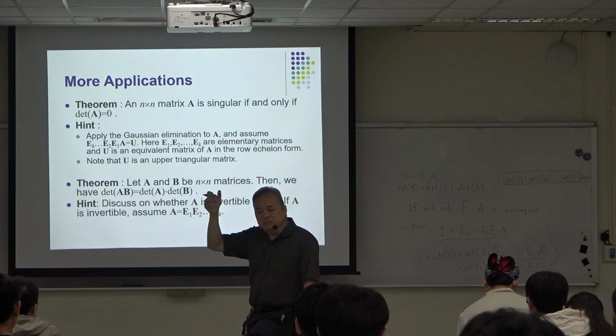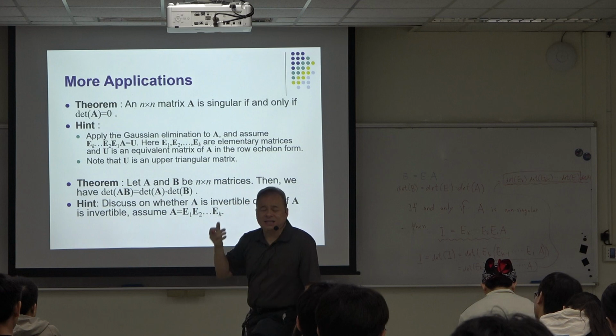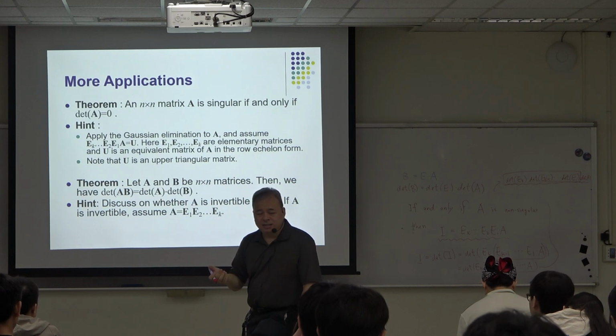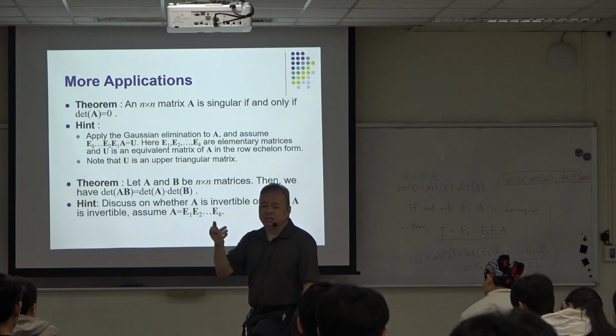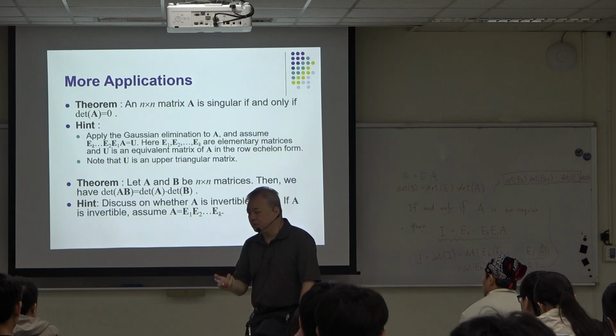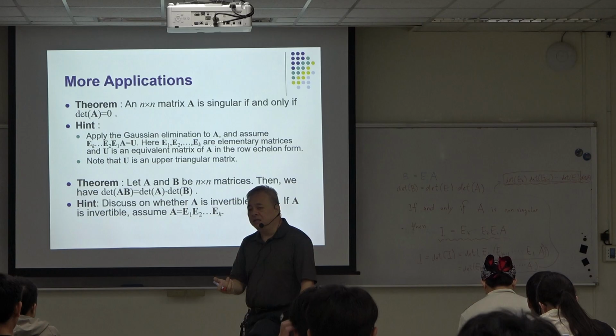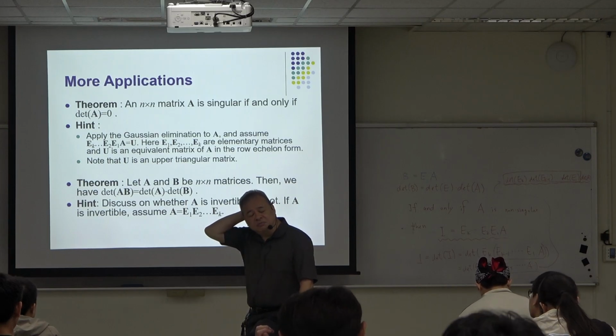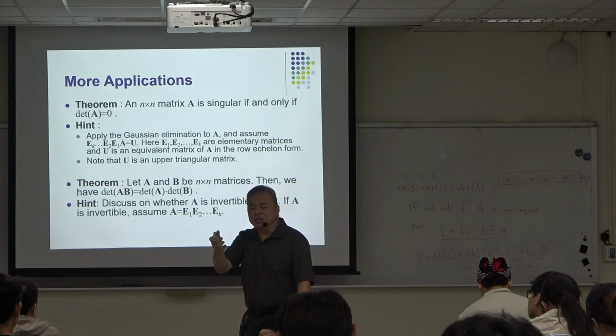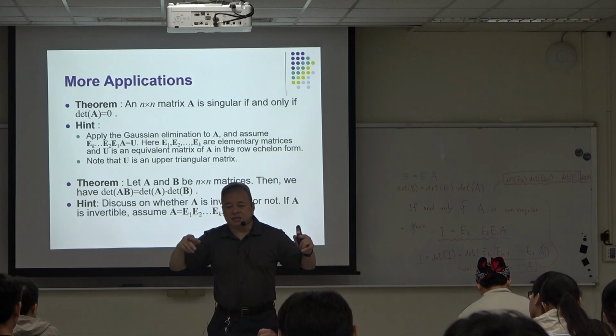So if a matrix is singular, it means its determinant must be 0. Okay? And this is also very easy to understand, because if a matrix is singular, what does that mean?